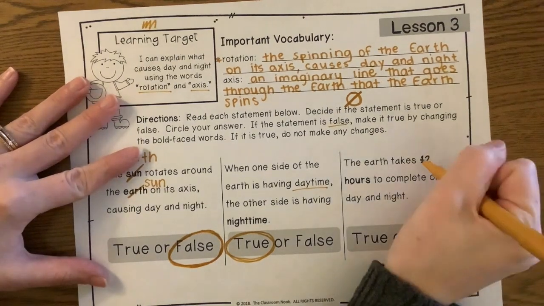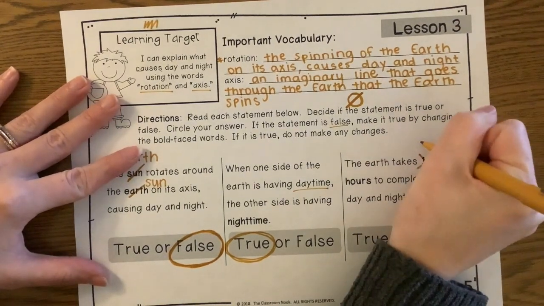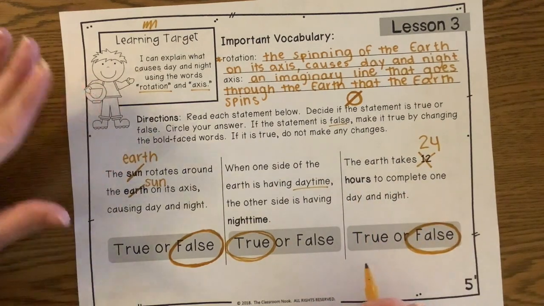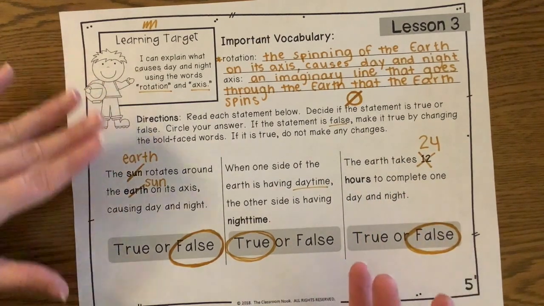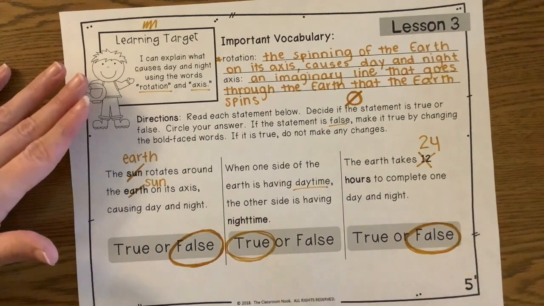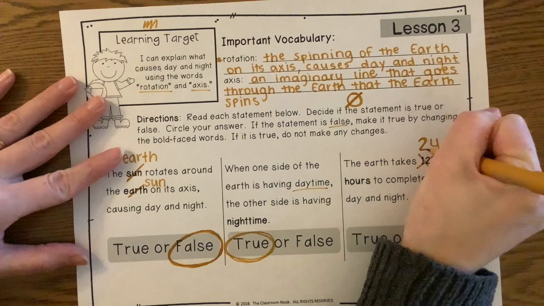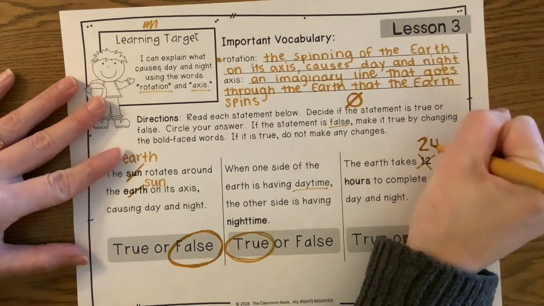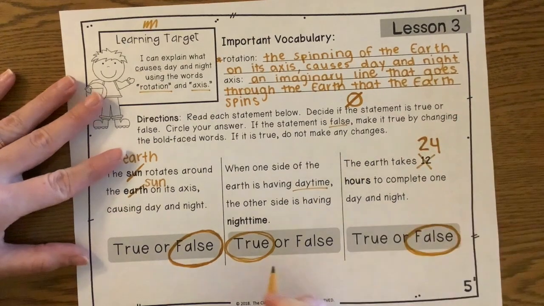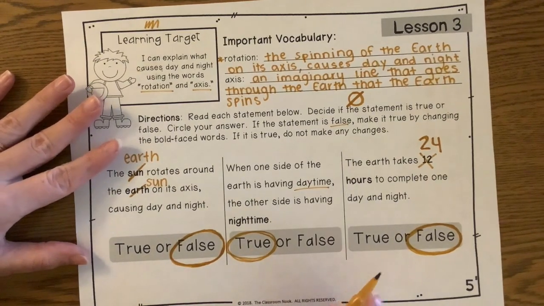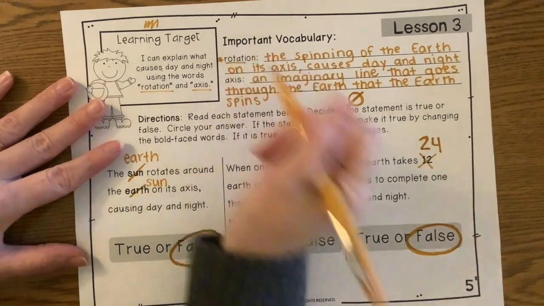The Earth takes 24 hours to complete 1 day and night. We do go 1 through 12, but then we go 1 through 12 again in the afternoon. So it's 24 hours to complete 1 whole day and night. It takes 24 hours for the Earth to spin around completely, to rotate completely.